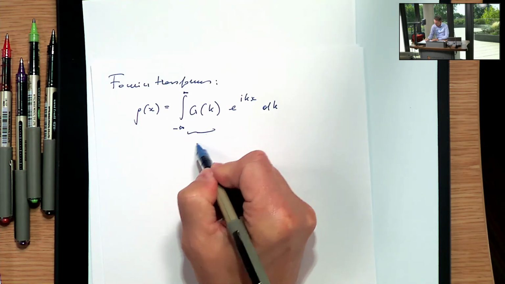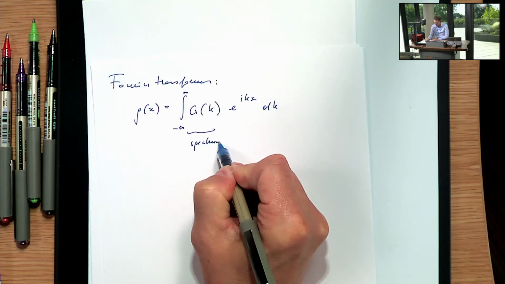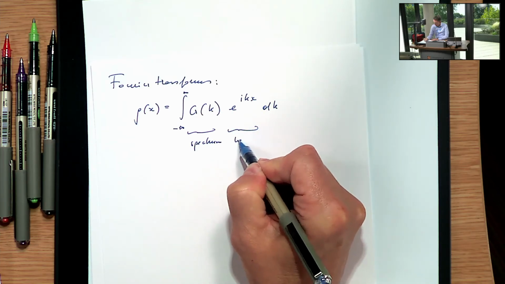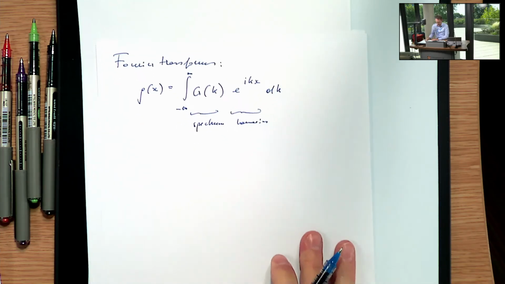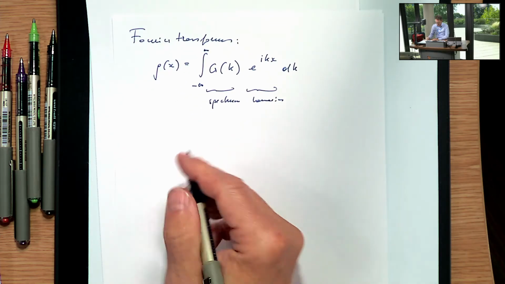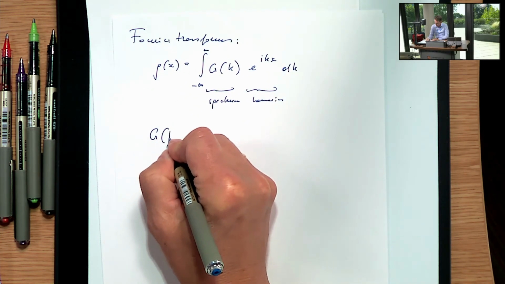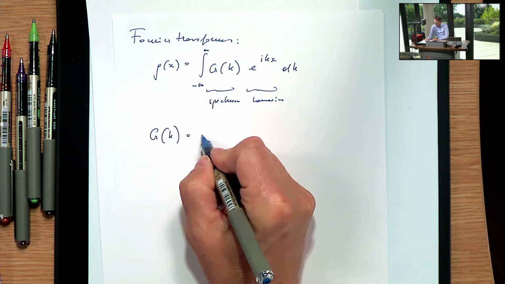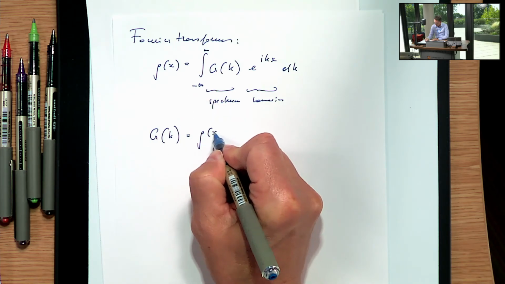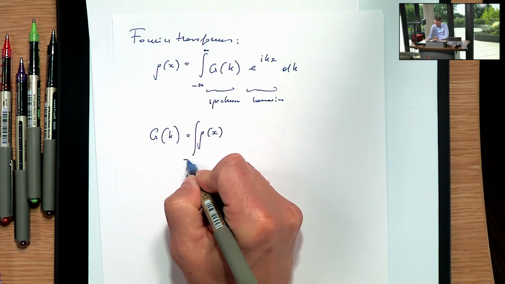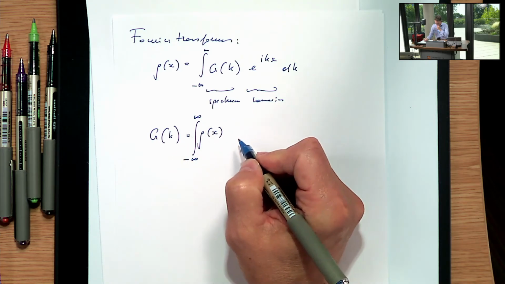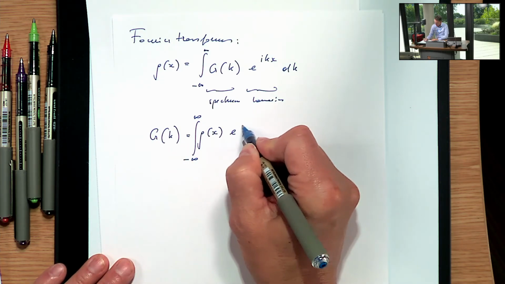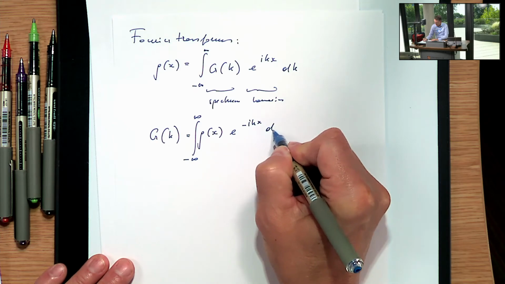So this is the spectrum, and these are harmonics. Then the spectrum is obtained from any function g of x by integrating over all space g of x e to the minus ikx dx.